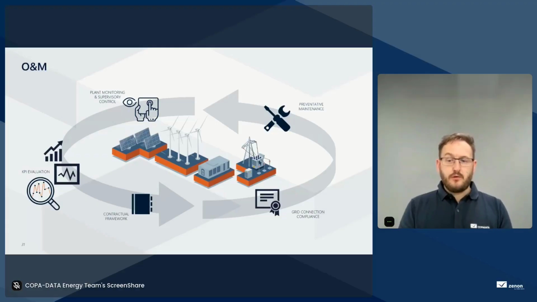Something we'll touch upon in a few slides is also grid connection compliance. What do we need to consider when we are connecting a DER to the grid? And last but not least, preventative maintenance. What does my historical data tell me, and what does my real-time data tell me about the state of each of my components? So then I can plan accordingly and maintain my assets.